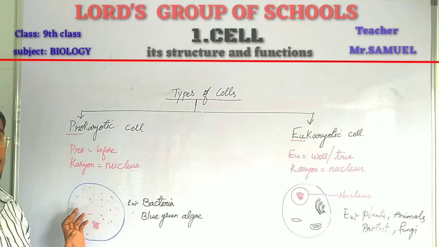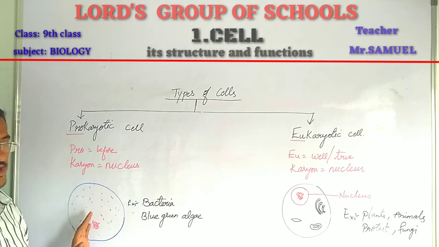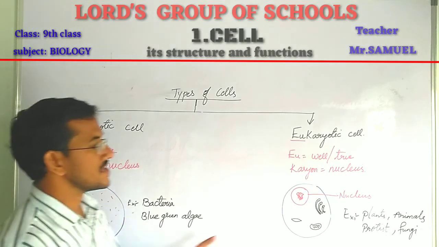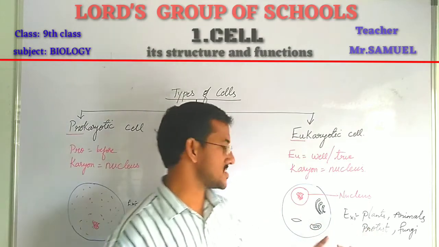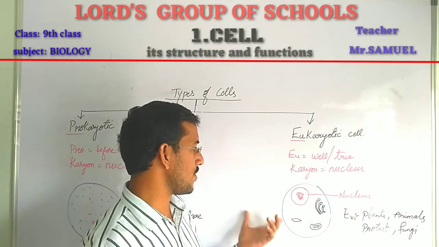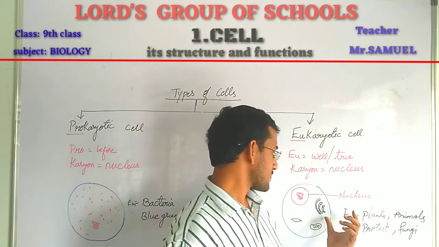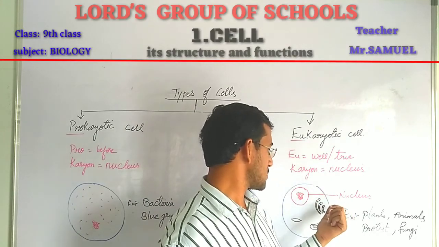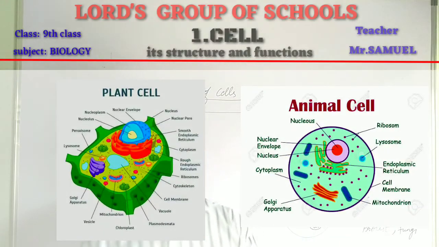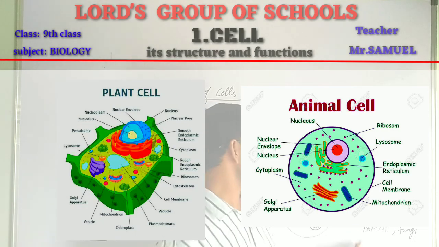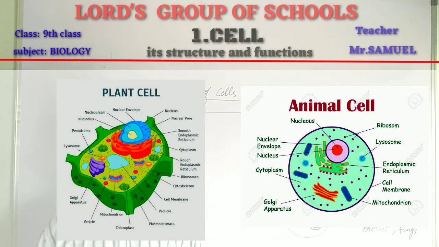Next, membrane bound structures or organelles are absent in prokaryotes. Membrane bound structures like mitochondria, chloroplast, endoplasmic reticulum, Golgi body, these are all present in case of eukaryotic cell.